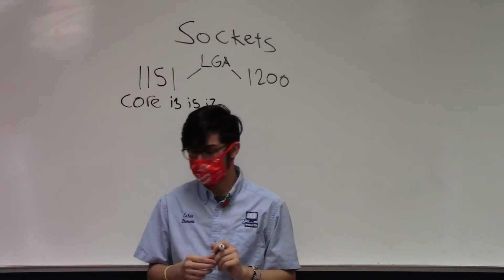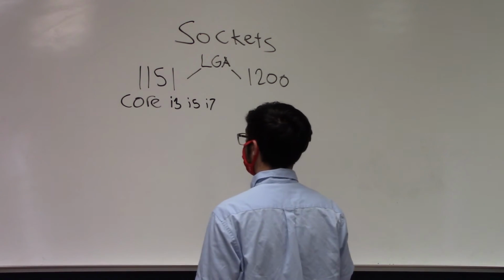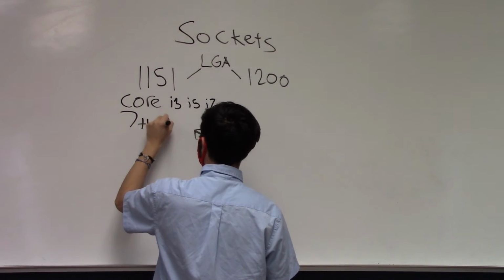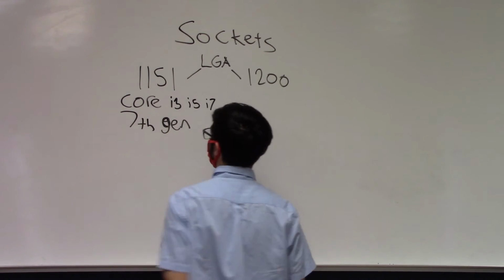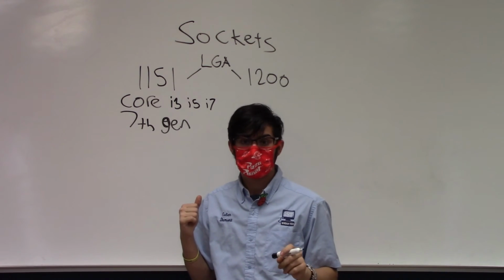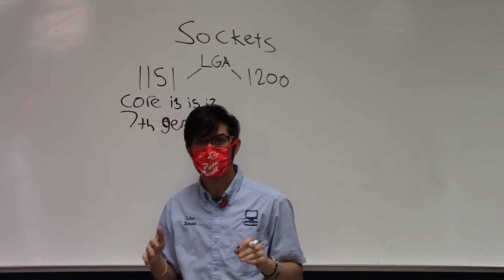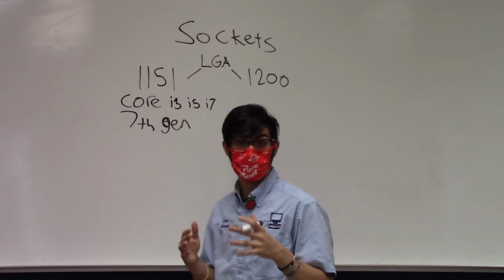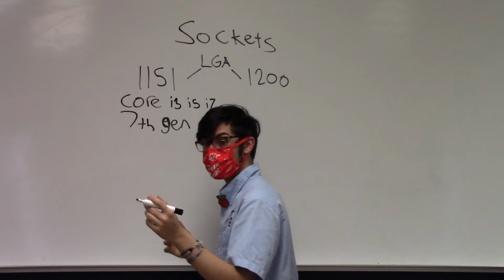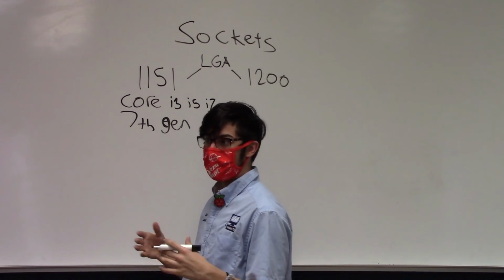Now, with each of these, there's the 7th generation that works. You can tell what the generation is by the number. And I remember when I said the number was just a bunch of random numbers with a K at the end, I was actually wrong.